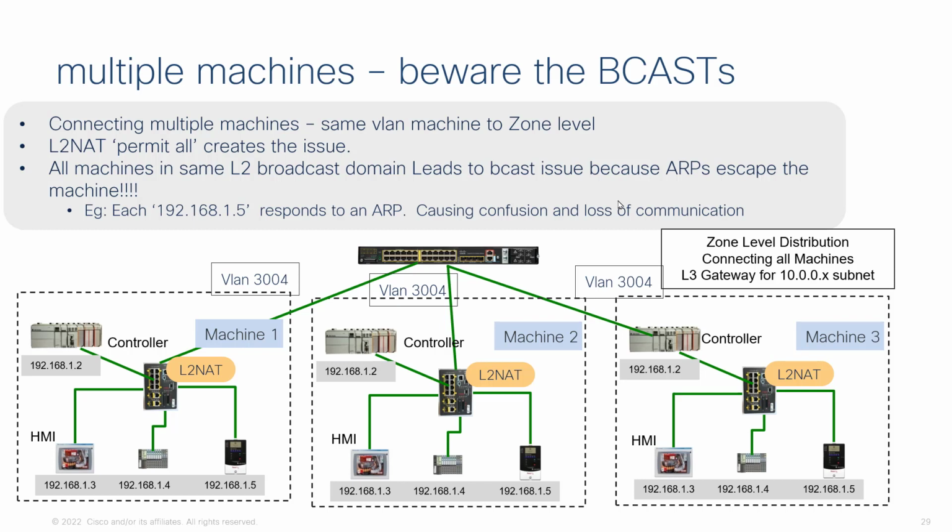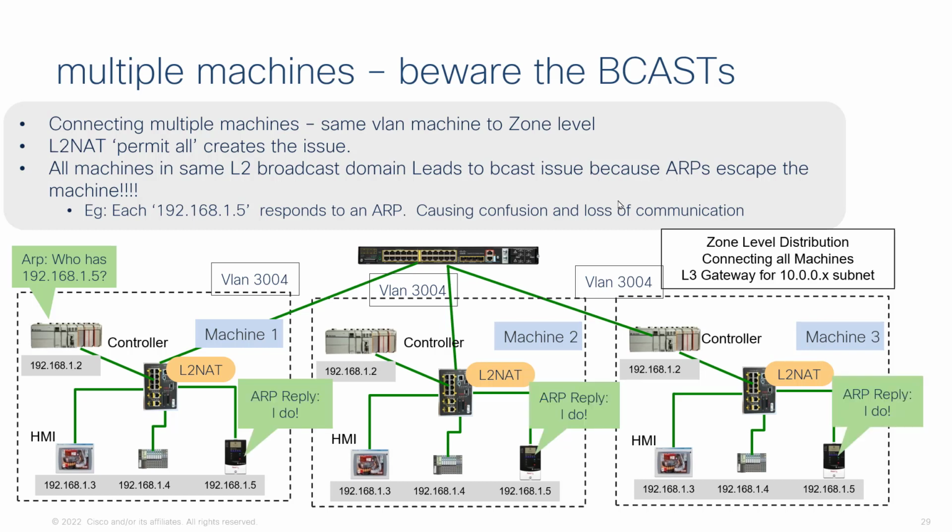And the problem really is the ARP. When some component, let's say for instance the internal controller of machine 1, wants to ARP for 1.5 to get the MAC address, that ARP is seen everywhere. And so you're going to get an ARP reply from every machine on the broadcast domain that has a 1.5.